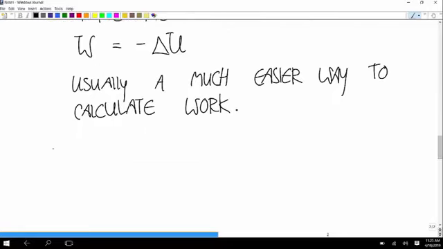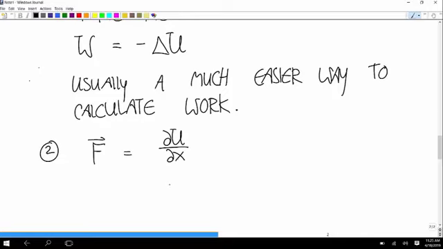And the second important relationship is that a force vector that's applied by the force field is equal to, okay, get ready for this, the partial derivative of the potential energy function with respect to x.